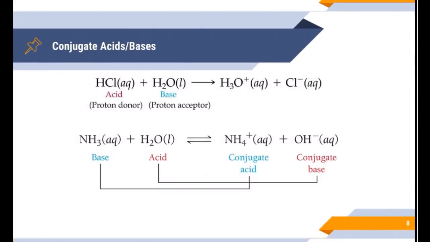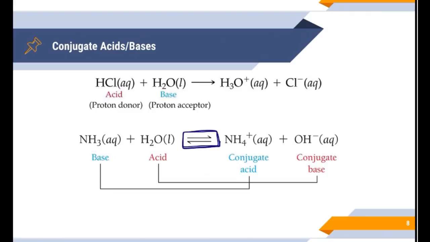So we have something called conjugates when you get this definition of back and forth. With acids and bases that are weak, and we'll talk about those a little bit later again, you get a back and forth and an equilibrium. That means that we can go forward, we can go backwards. When an acid does its job, what's left over is called the conjugate base.